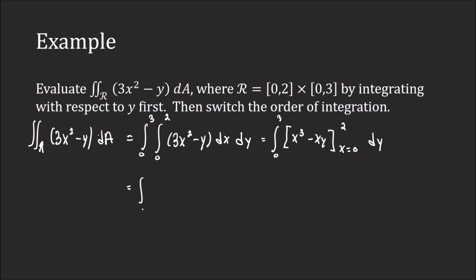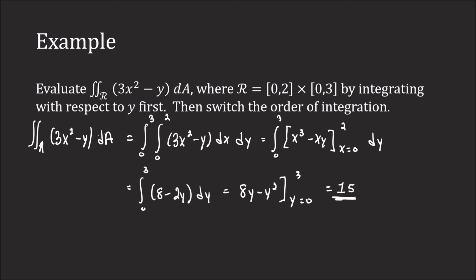So I have the integral from 0 to 3 of 8 minus 2y. So it's 8y minus y squared, evaluated from y equals 0 to 3. And when you go ahead and evaluate that, you find that once again you get 15.